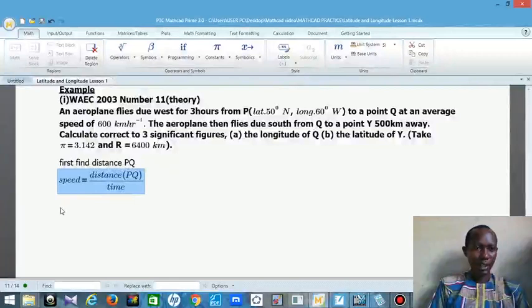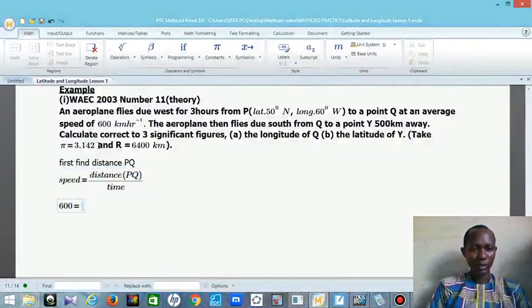Okay, and the speed in the question is 600. So 600 is equal to, we don't know the distance now, so distance PQ, that's what we are looking for, divided by time, which is 3 hours.